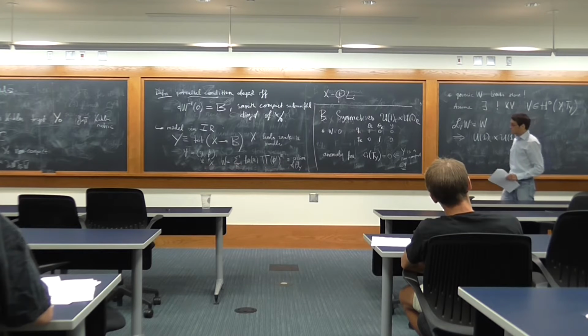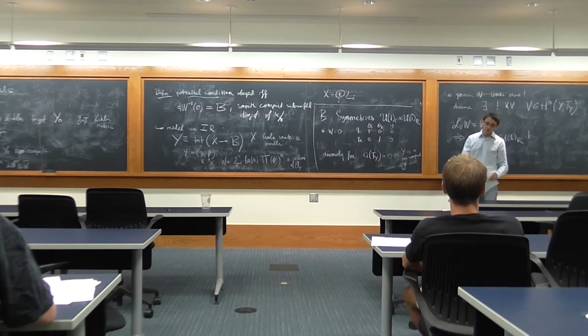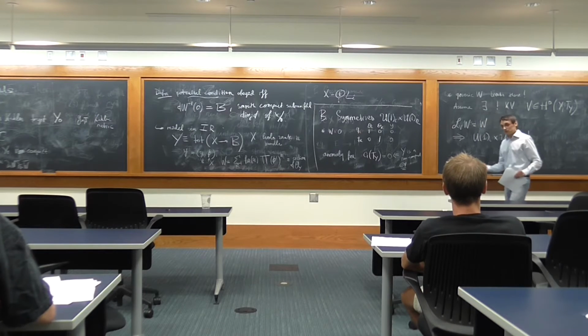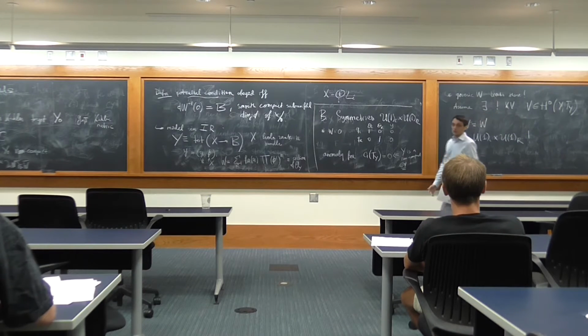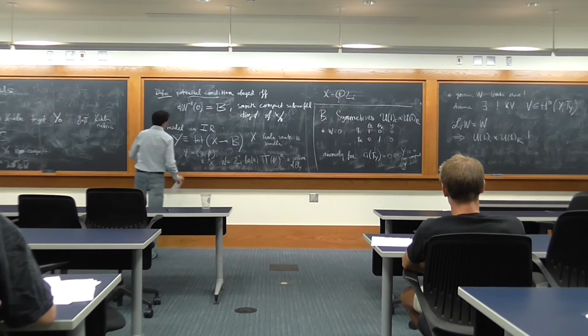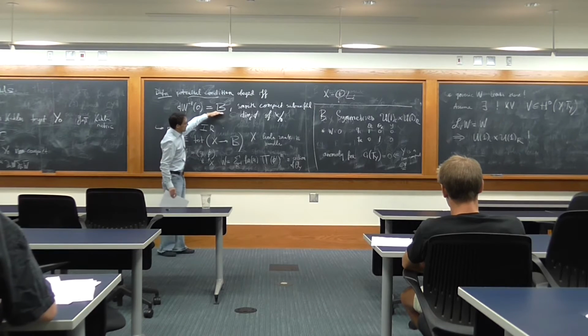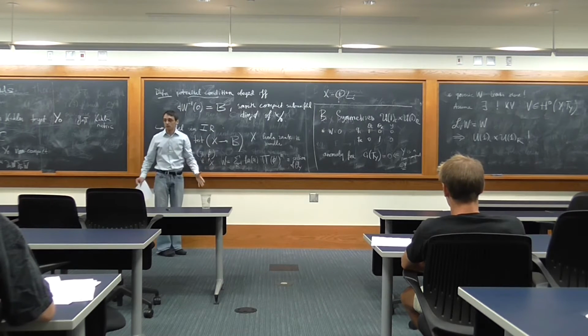One limit is where we take the base manifold and we declare it's a point. That gives us back a Landau-Ginzburg theory. The other limit is where we declare that the superpotential is 0. If the superpotential is 0, then this potential condition implies that our manifold B is actually the whole manifold Y.